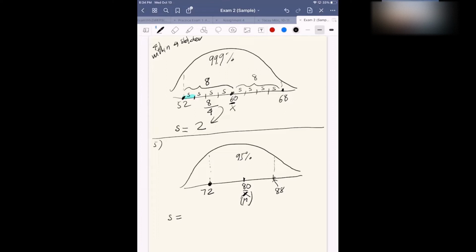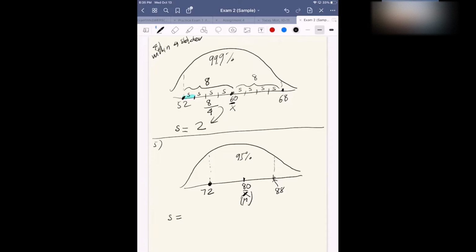Keep trying. I'm going to give you 30 more seconds. How about other people? So in this case, you have to go to the left how many standard deviations, everyone?